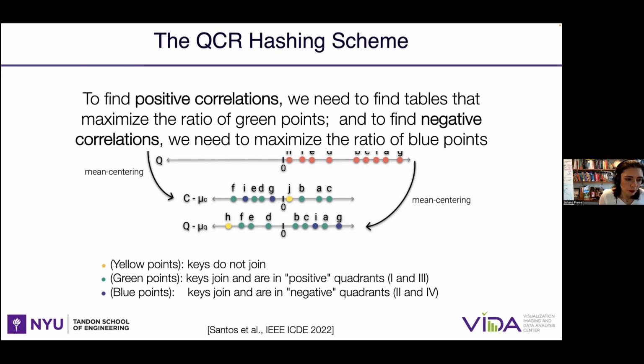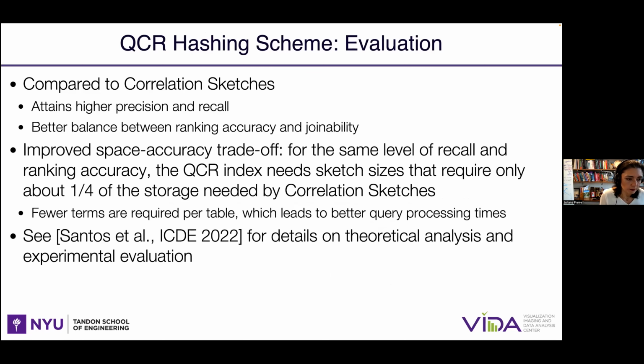Right. So we did compare the hashing scheme against correlation sketches, and the results show that it attains higher precision and recall, and it has also a better balance between the ranking accuracy and joinability.